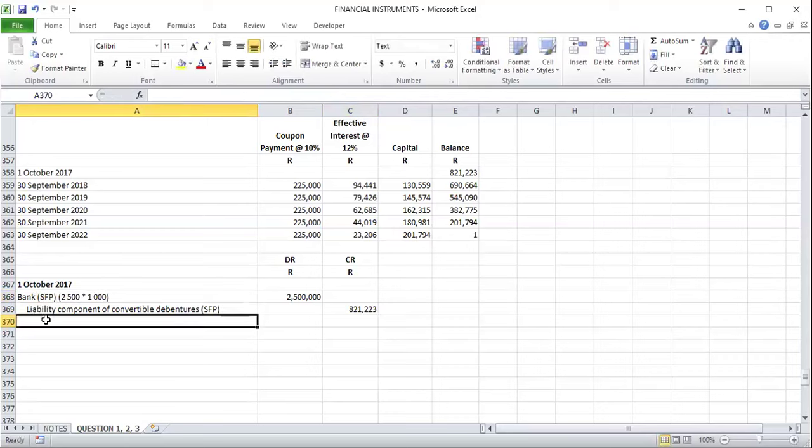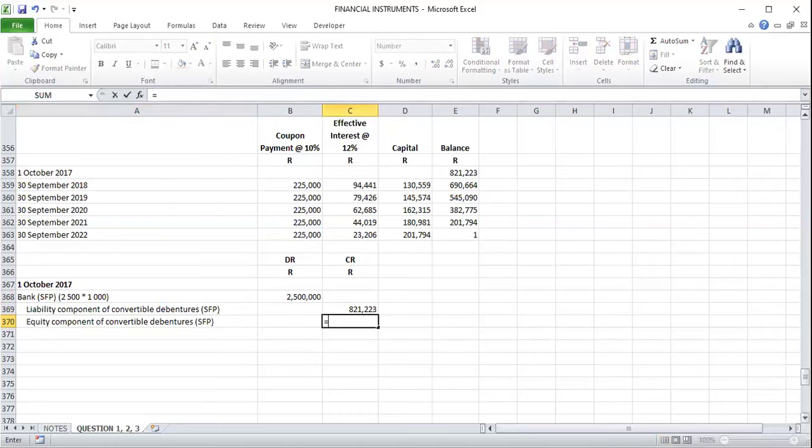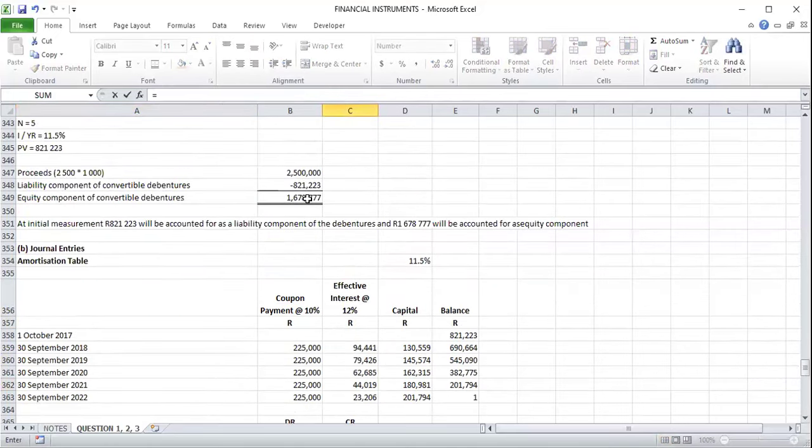Then we will have equity component, which is this one here.